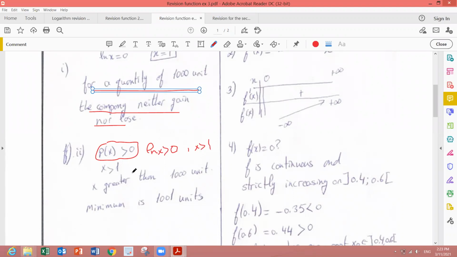So the quantity is greater than 1,000 units, and the minimum quantity is 1,001 units.